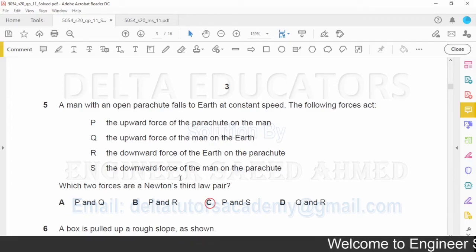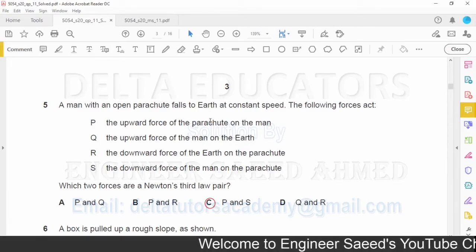Newton's third law states that if we have two objects, suppose we have one object A and second object B, if A is acting a force on B, then B will also act a force on A but in opposite direction. Here in P it is given the upward force of the parachute on the man. In S it is given the downward force of the man on the parachute.